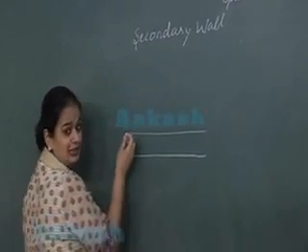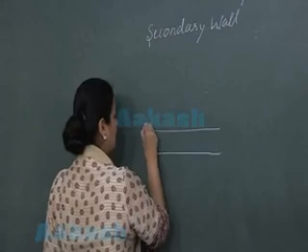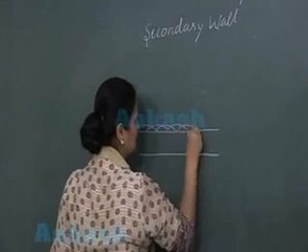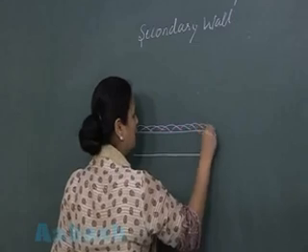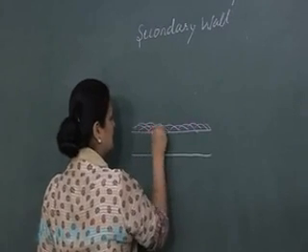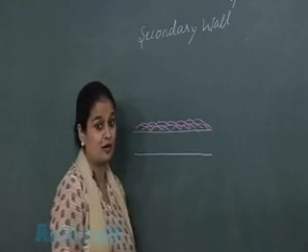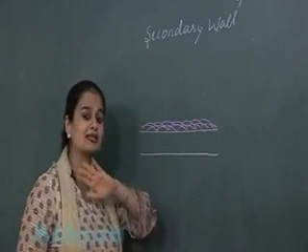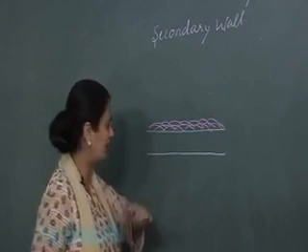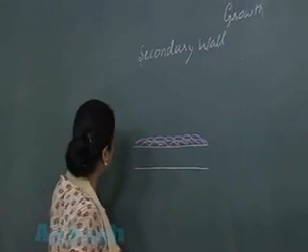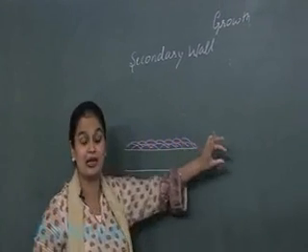The new material, wall material is deposited over the pre-existing structure in the form of the layers. तो आप देख रहे हैं कि जो नया सेल वॉल मटेरियल ऐड हो रहा है, that is deposited on the pre-existing structure in the form of the layers.